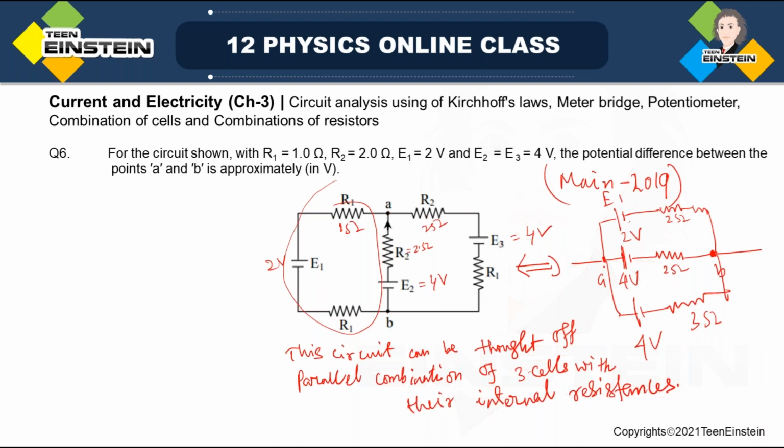When we have to find out the potential across this, VAB can be found out by the total EMF divided by the equivalent resistance.